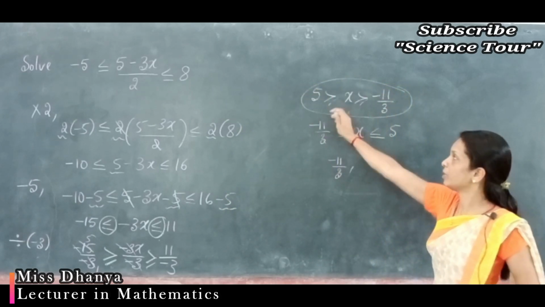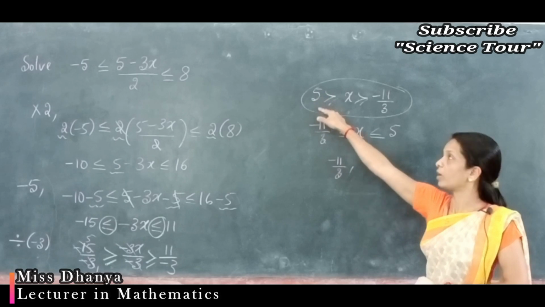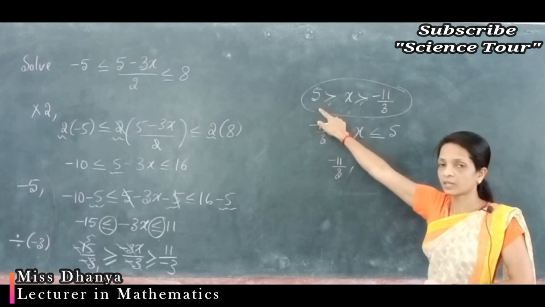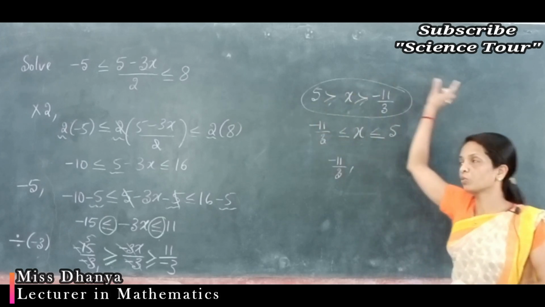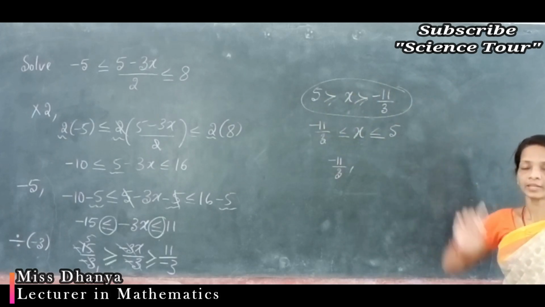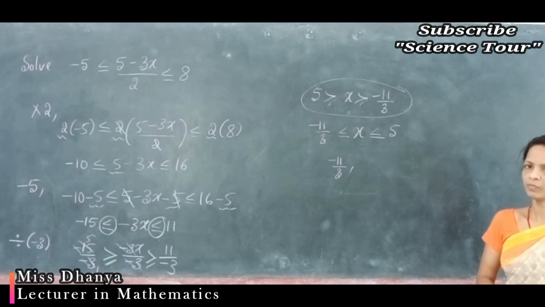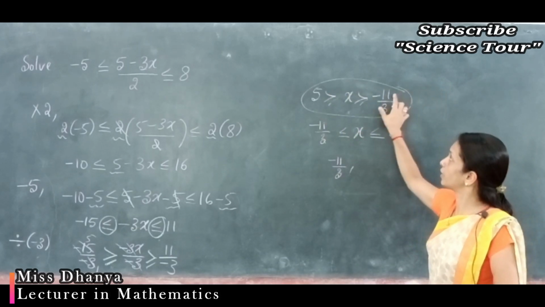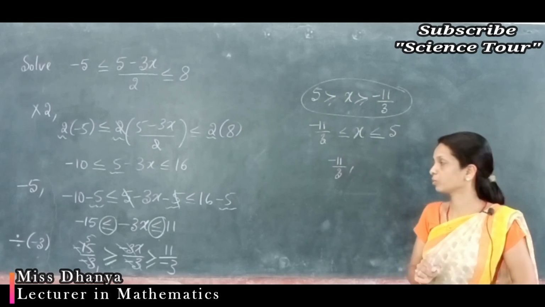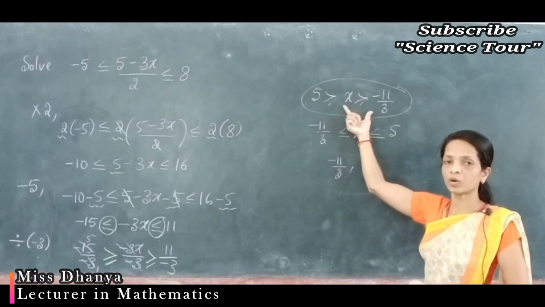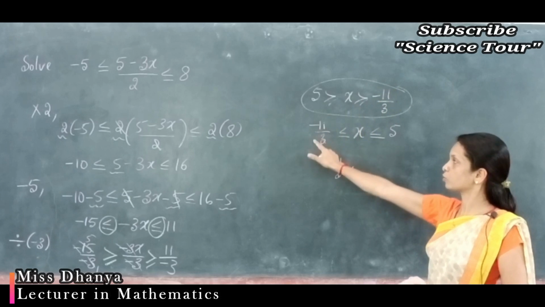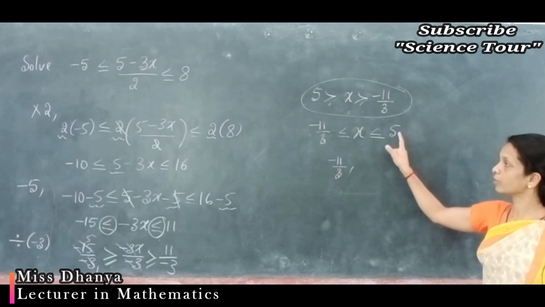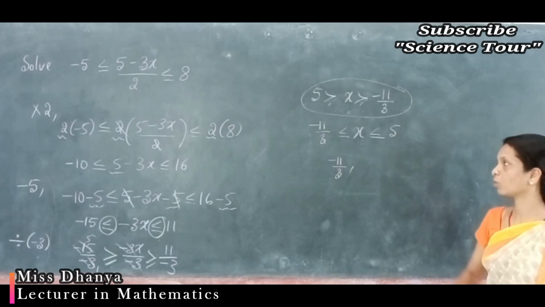But what is larger, 5 or -11 by 3? 5 is larger, and the larger number you have to write on the right side. While writing in interval form, you write the larger number on the right side and the smaller number on the left side. So I wrote this inequality in another way, so that we have the lesser number on the left side and the larger number on the right side of x.